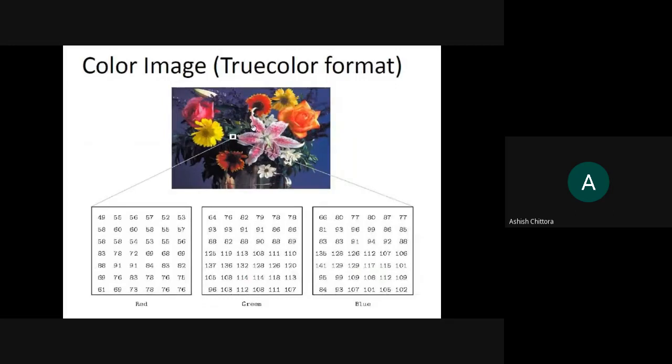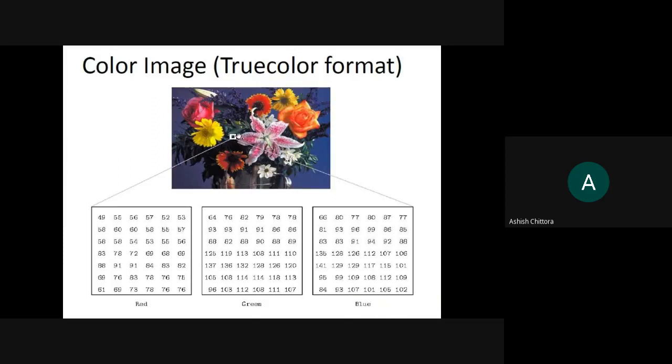This RGB format is also called true color format. Color images can be represented in true color format. There are other formats also, which we will discuss in the next slides. The true color format consists of red, green, and blue planes.